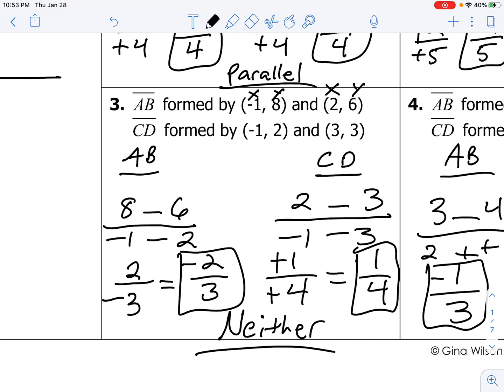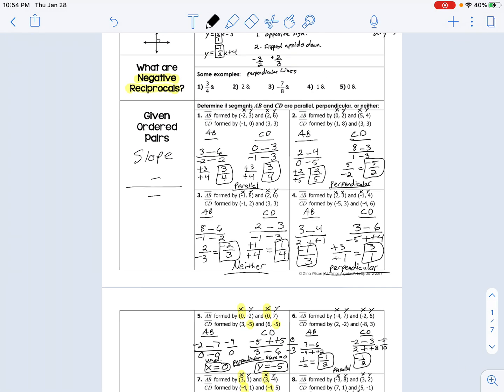We dropped the Y's down on top, 2 and 3. We dropped the X's down on bottom, -1 and 3. So we got -1 over -4. And clearly that turns a negative over negative into a positive 1/4, and that would be a neither.